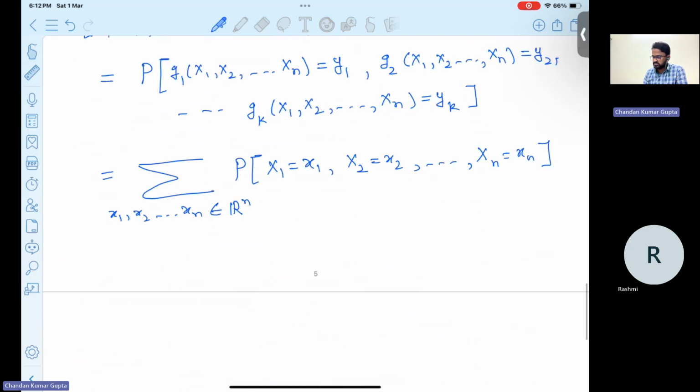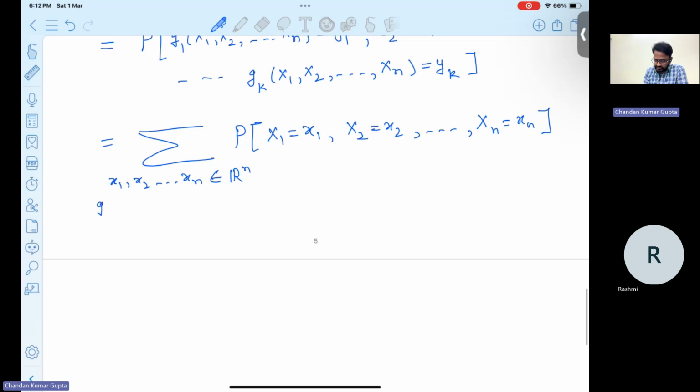So we should also write g1 of x1, x2, xn equal to y1, g2 of x1, x2, xn equal to y2, and gk of x1, x2, xn equal to yk.